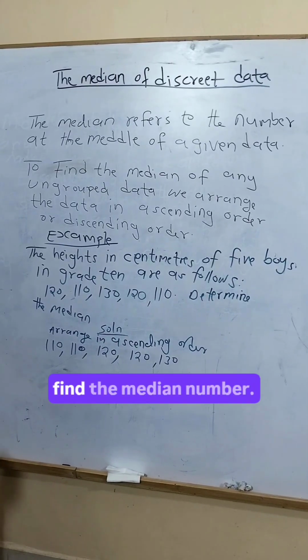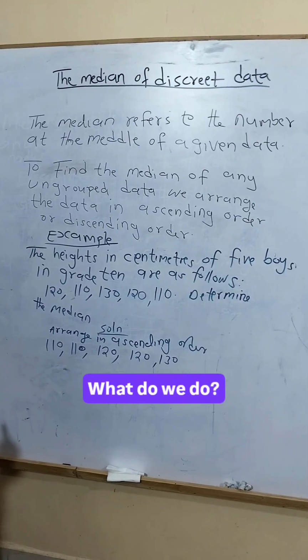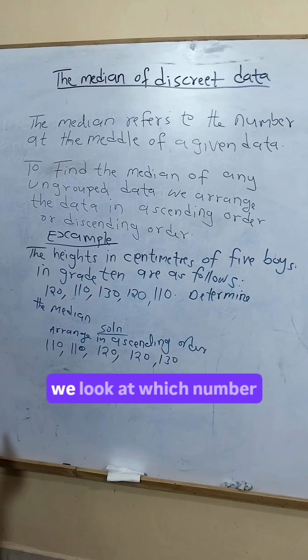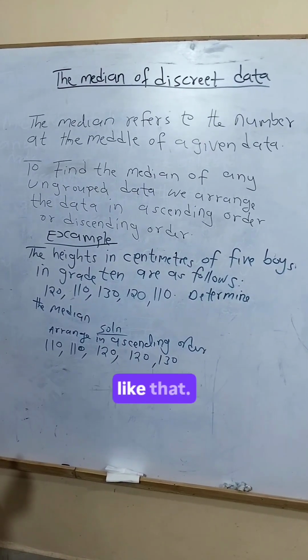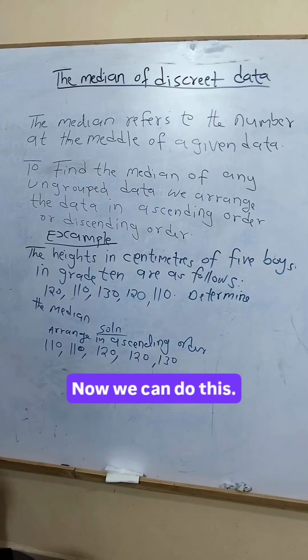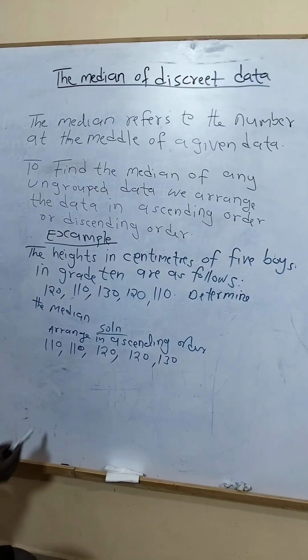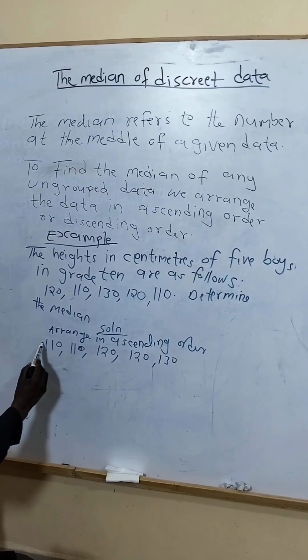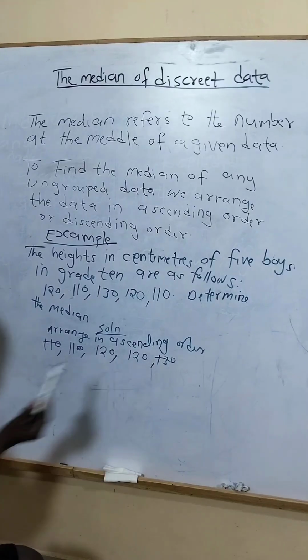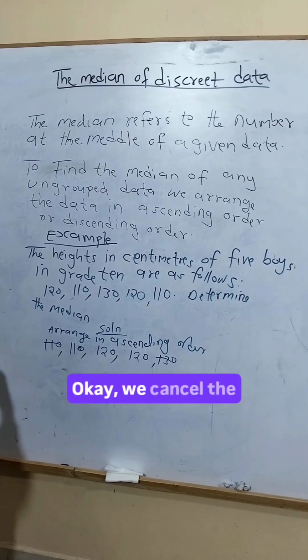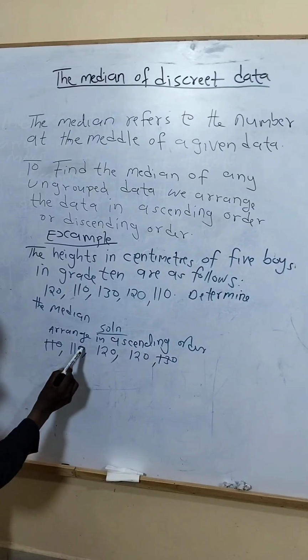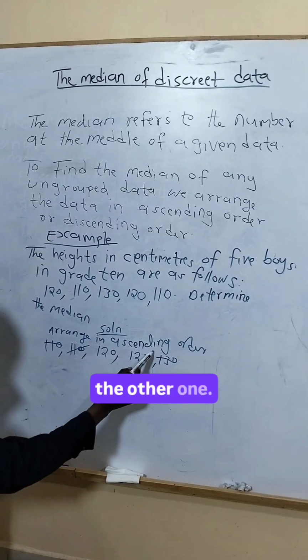From there we have to find the median number. We look at which number is at the middle when arranged like that. Now we can do this. We cancel one here and the other one, we cancel one here and the other one.